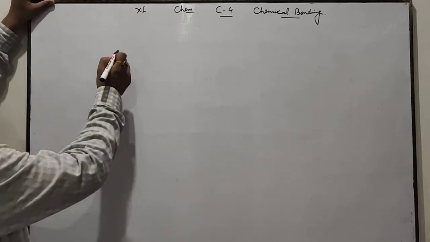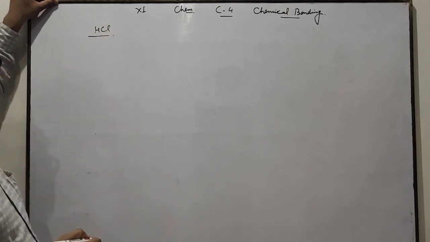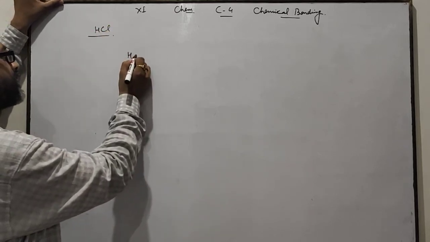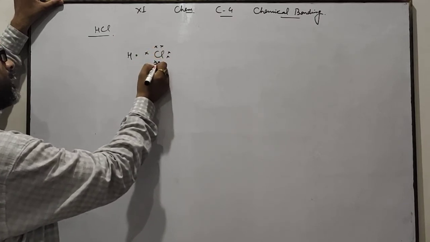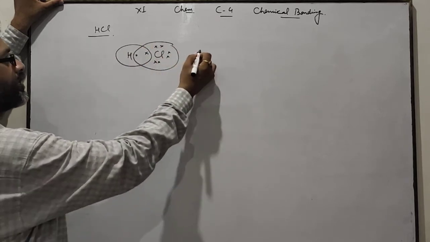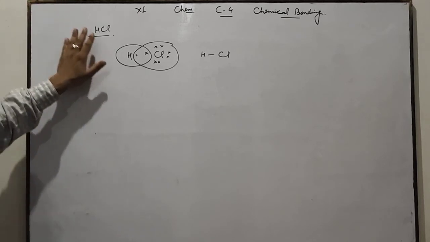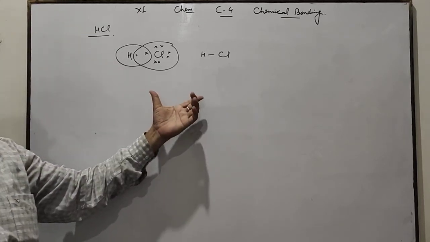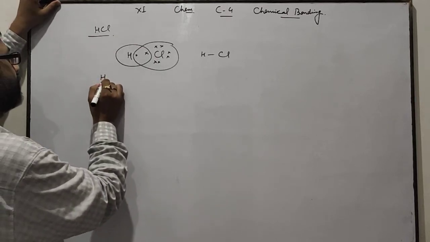For example, HCl: hydrogen contains 1 electron, chlorine contains 7 valence electrons. Hydrogen shares 1 electron and forms H single bond Cl. In this way, hydrogen and chlorine form a single covalent bond.